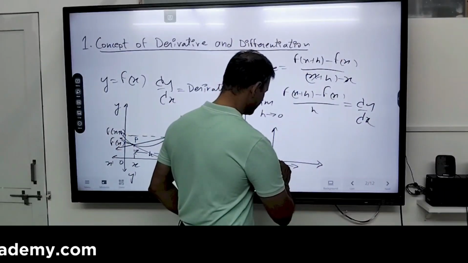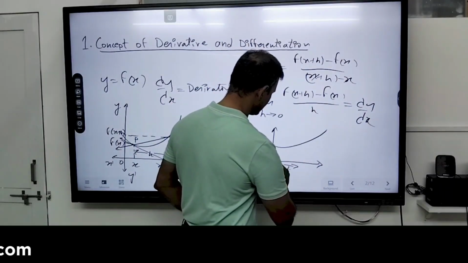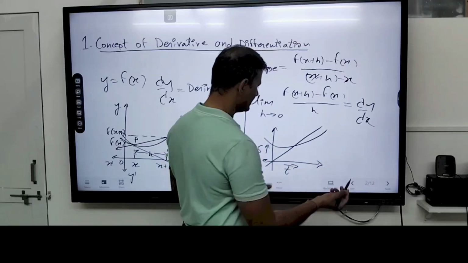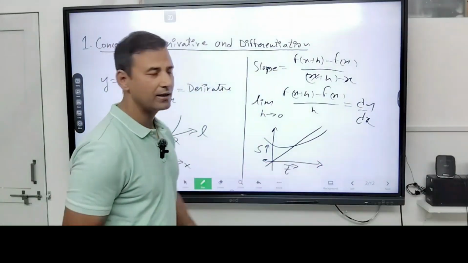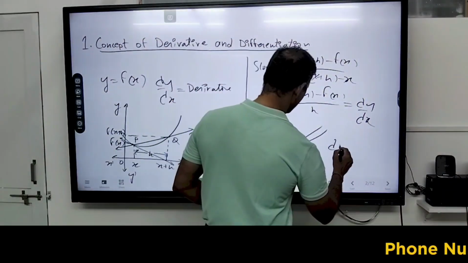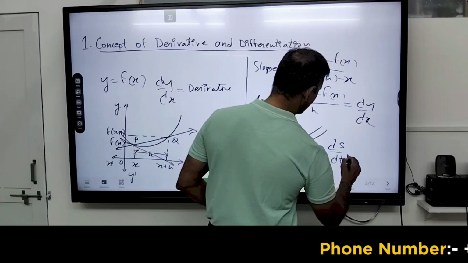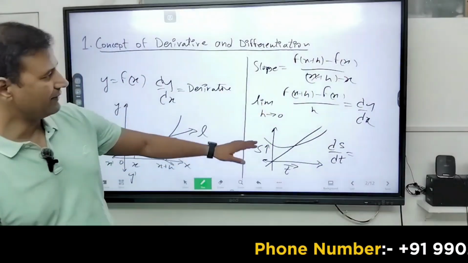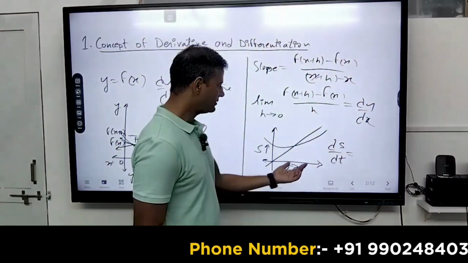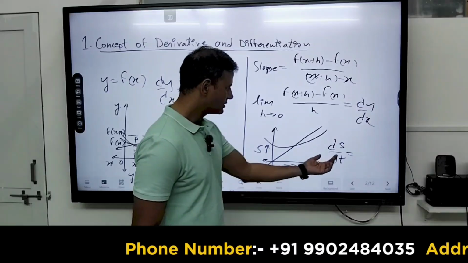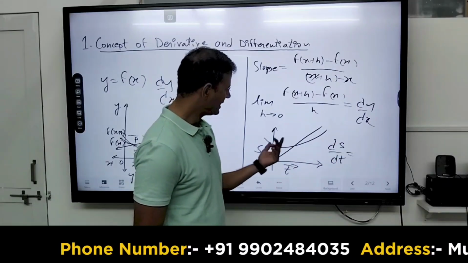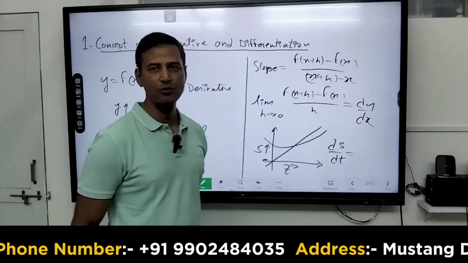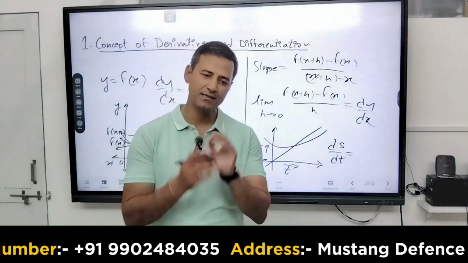If we take a curve like this, df upon dt is the derivative: a small change in t, and a small change in f, which is the distance, with respect to t.